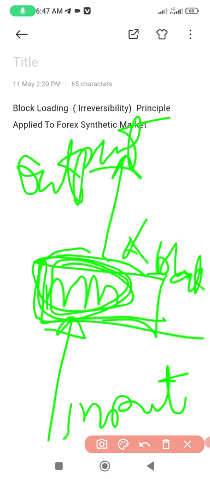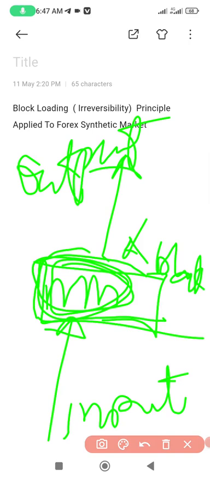Now when we take it into the loading aspect, when we view the block as a loading factor, then it takes us into block loading analysis.